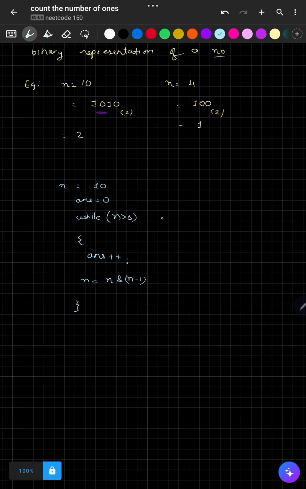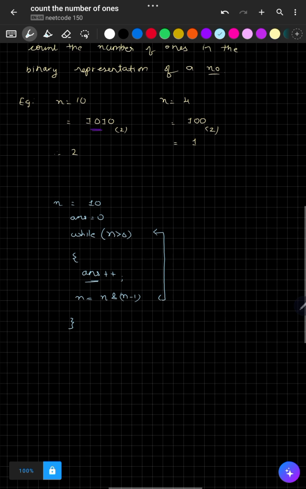Basically, the number of times this loop will run is equal to the number of ones present in the binary representation of the number. The number of times this loop will run is equal to the number of times the value of answer will be incremented by 1. That is in turn equal to the number of ones present in the binary representation of this number.